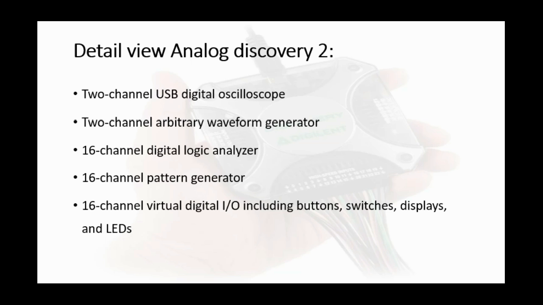It includes a 16-channel digital logic analyzer, a 16-channel pattern generator, and 6-channel virtual digital input output, including buttons, switches, display and LEDs, that we can also use for training.